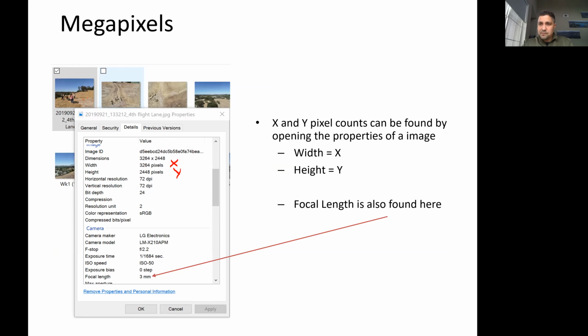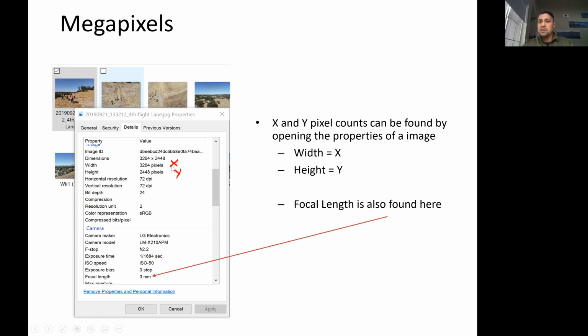If you ever want to figure this out, hey, I just took a picture, what kind of megapixels does it have? You can highlight pictures inside of Windows Photo Explorer and look at the metadata. If you pull up the details, look at this. Here's the width and the height.